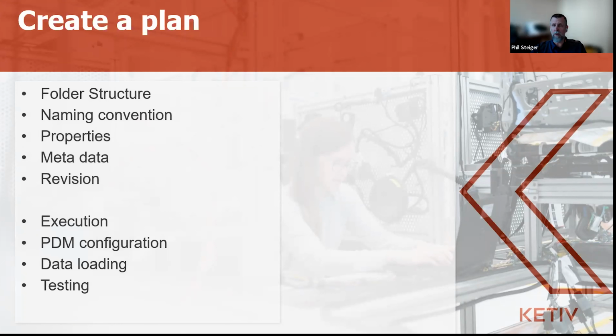These are all critical things to think about before you embark on a PDM solution, because we get a lot of customers who start a PDM and get 2 or 3 years in, and then they say, man, I wish we'd done this, maybe we should have looked at that beforehand.